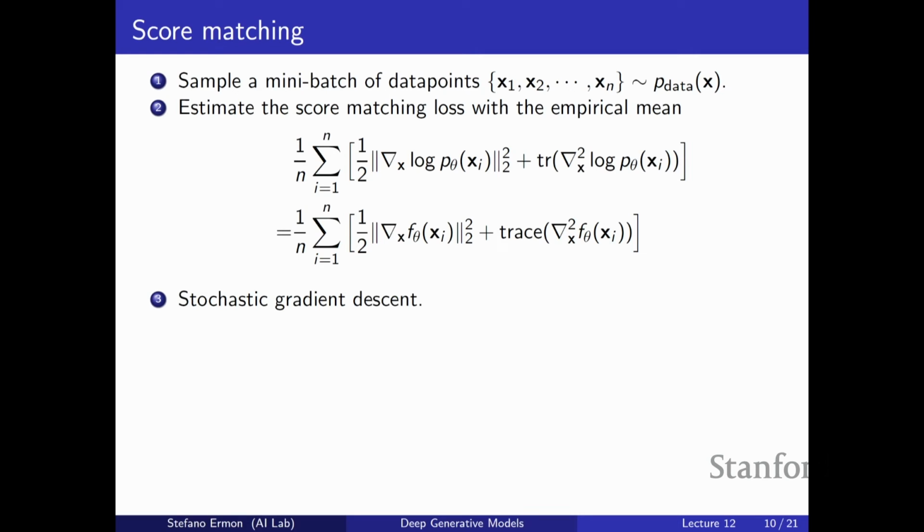And then this is now a function of theta that you can try to optimize and minimize with respect to theta. You recall, this is equivalent up to a shift independent from theta to the Fisher divergence. And so if you're able to make this as small as possible with respect to theta, you're trying to match the scores of the data distribution and the model distribution.